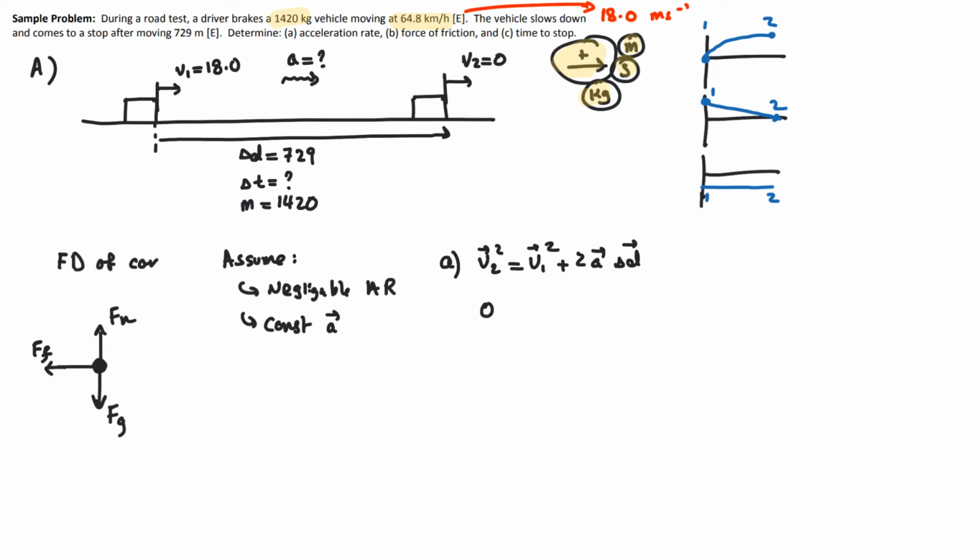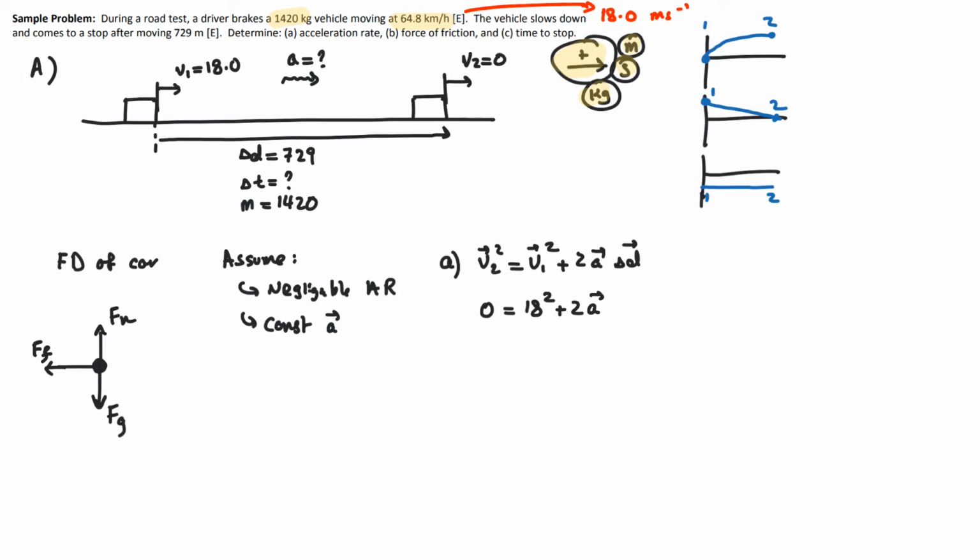Final velocity is 0 because it stops. Initial velocity is 18. It's going in this direction. My positive is in this direction, so I'm going to use positive 18 plus 2. The acceleration is what I'm trying to find, so that's just going to be acceleration.